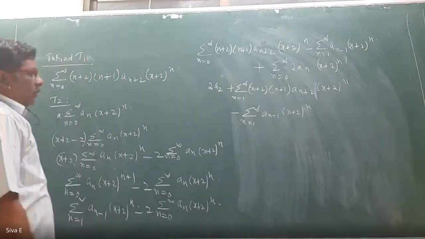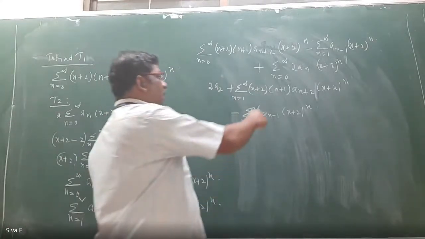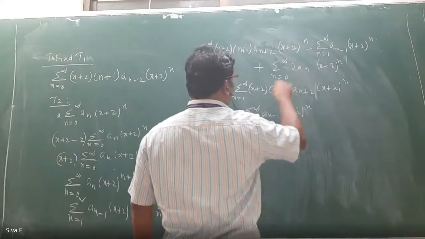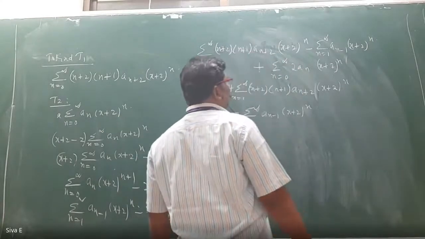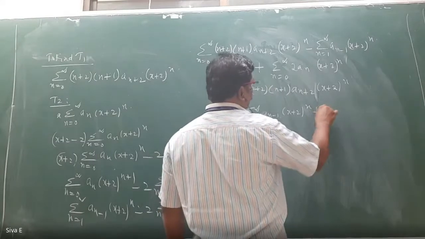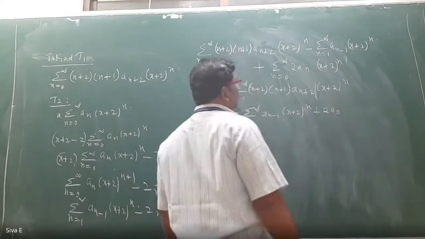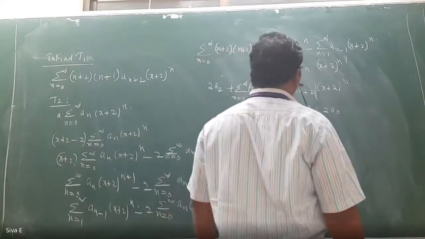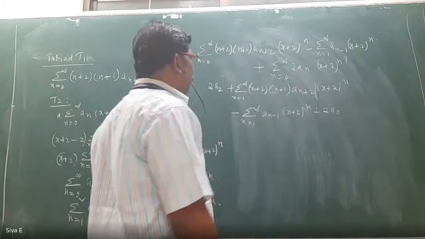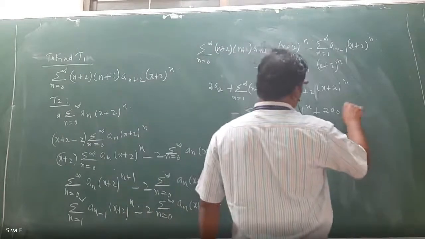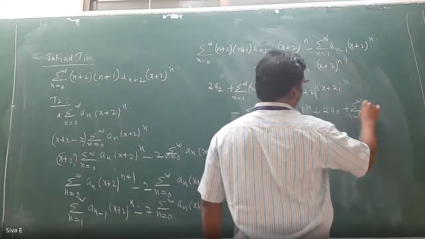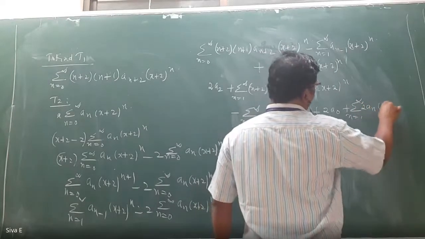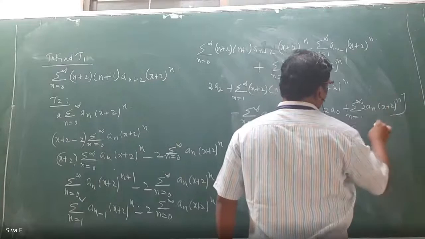Now here also n equal to 0 to infinity is there. When n equal to 0, what happens? 2a0 plus summation of n equal to 1 to infinity 2a_n (x + 2)^n, equal to 0.